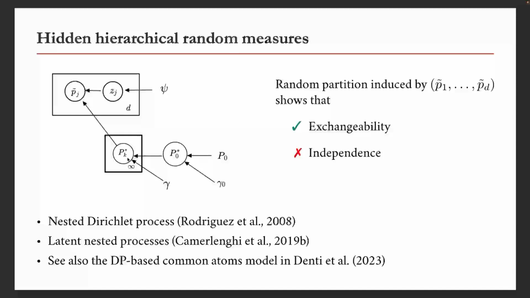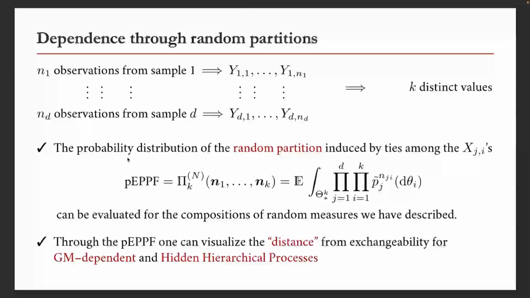Just mentioning these, the popular nested Dirichlet process and variants like the latent nested process, and finally some recent work on Dirichlet process-based models, which has common atoms, by Denti et al. Now, these are somehow extensions of the dependent Dirichlet process that were inspired by Steve's work.